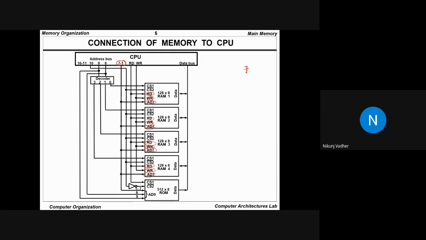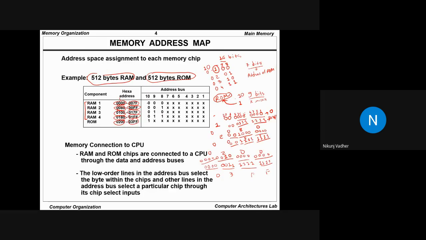If you recall, when RAM is selected, the value of bit 10 is 0. So we will directly give it as an input to chip select 2 complement, so this 0 will be converted to 1.